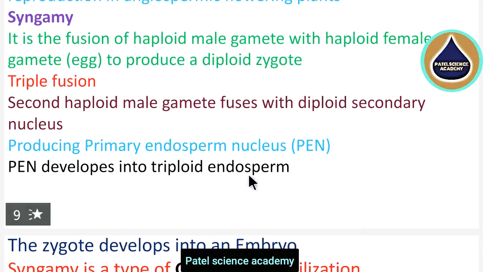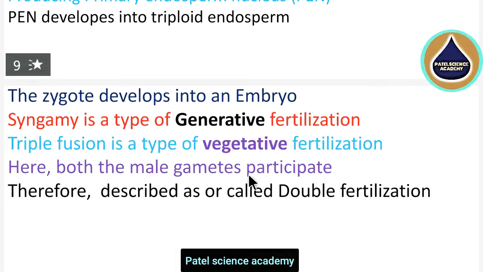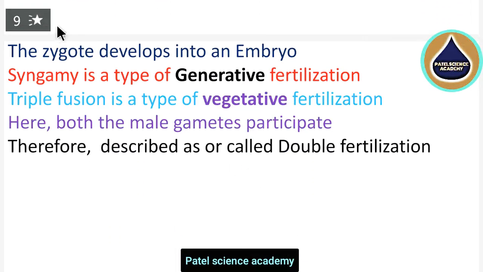PEN develops into the triploid endosperm. What happens with the zygote? The zygote develops into an embryo.